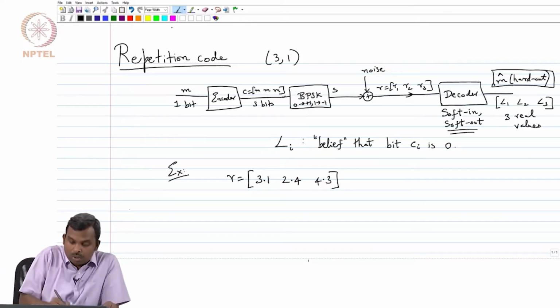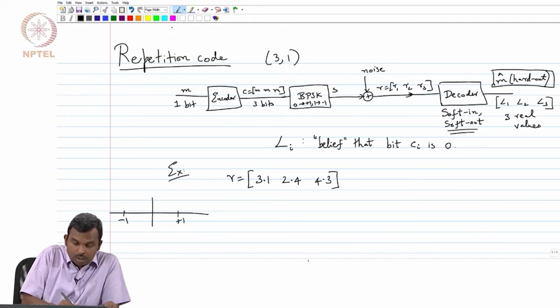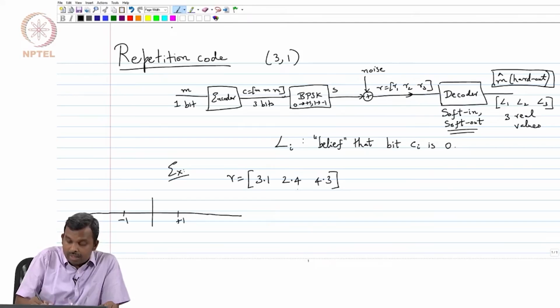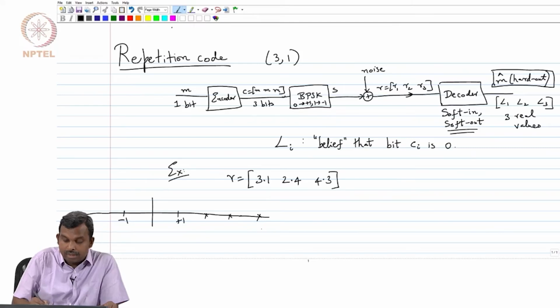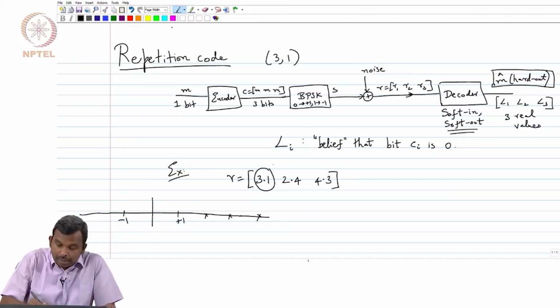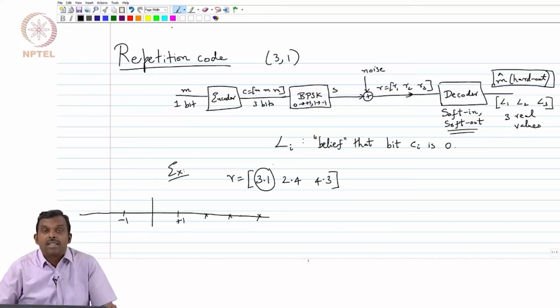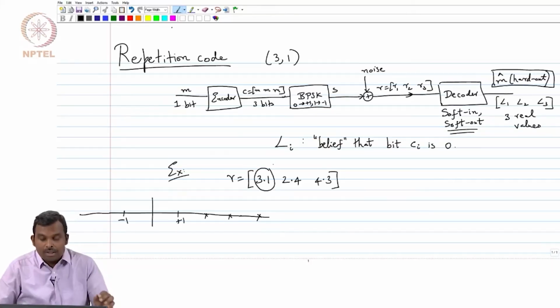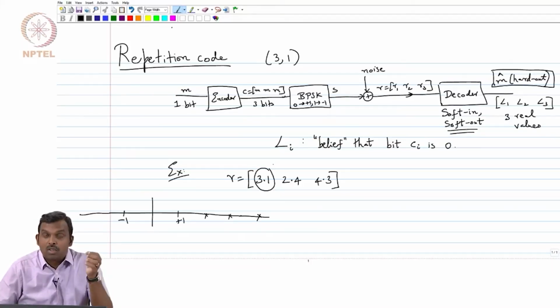So once again, remember what the line here is. We have this transmission which is either +1 or -1, and noise gets added, and what I am receiving here, these 3.1, 2.4, 4.3, are all way out here. So these are the 3 received values. Now what does this 3.1 represent? The fact that it's 3.1 means I have a certain soft input about what that first bit could have been.